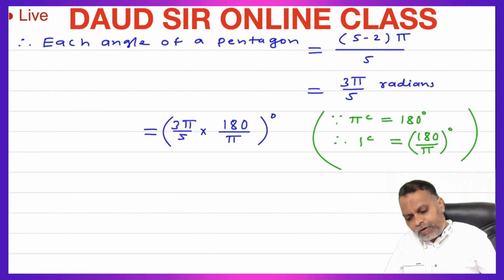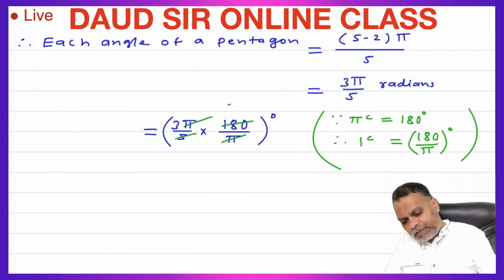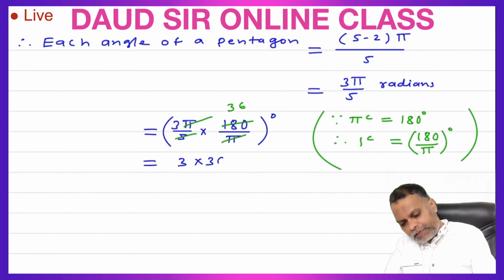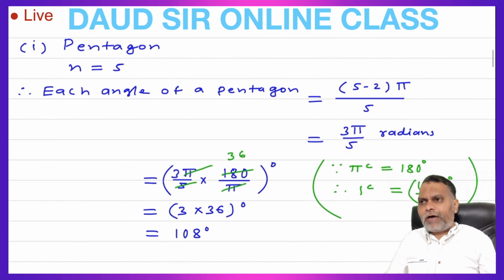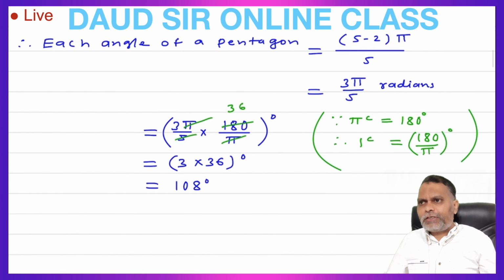Simplify this. Pi cancelled. 5 3s are 15, 3 5s are 30, so 3 into 36 degrees, which is 108 degrees. So each angle of a pentagon is 3 pi by 5 radians or 108 degrees.